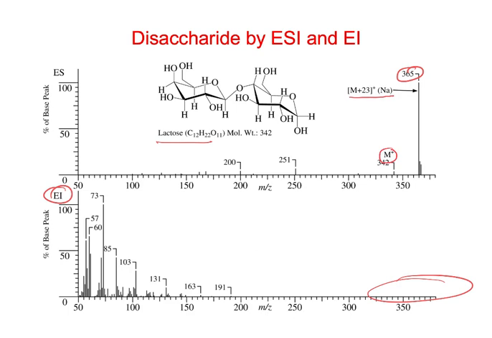So I'm not quite sure how that gets formed. And I don't think you can form this adduct and then lose a neutral sodium to give us the M plus, which is essentially like a fragment ion. So I'm not quite sure how that one forms.